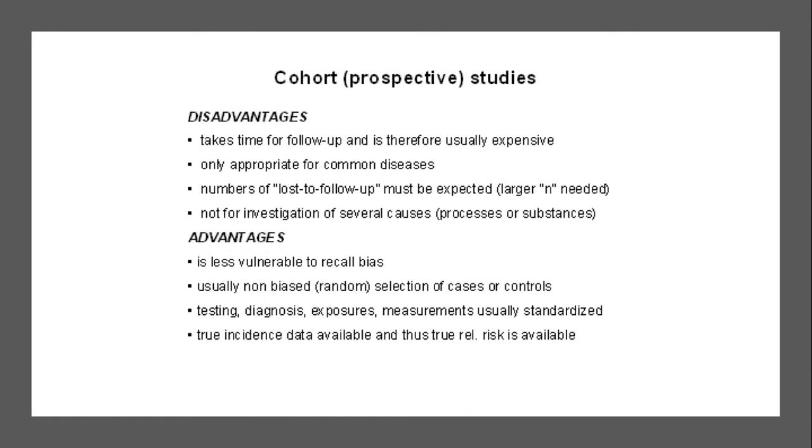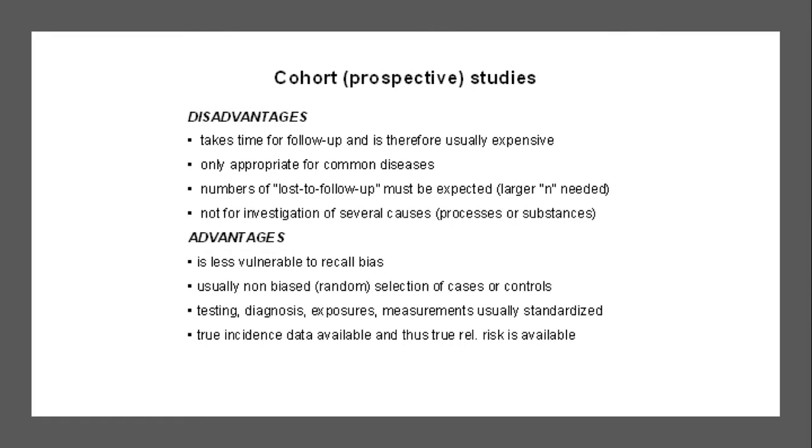There are some disadvantages: they can be expensive to complete, only appropriate for common diseases, and you can certainly be at risk for that threat of mortality or loss to follow-up. So these types of studies tend to need very large sample sizes. But the advantage is it's less vulnerable to recall bias because you're continuing to follow these patients over time.